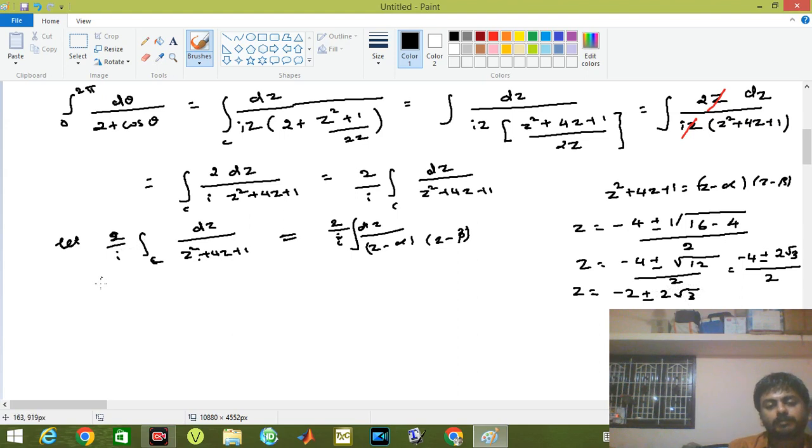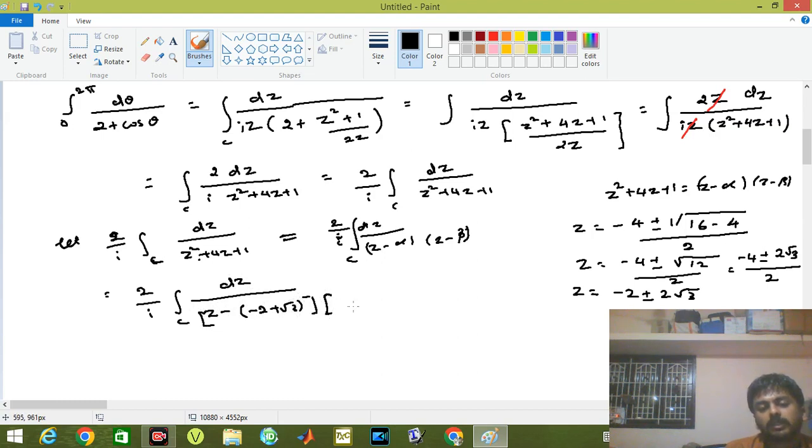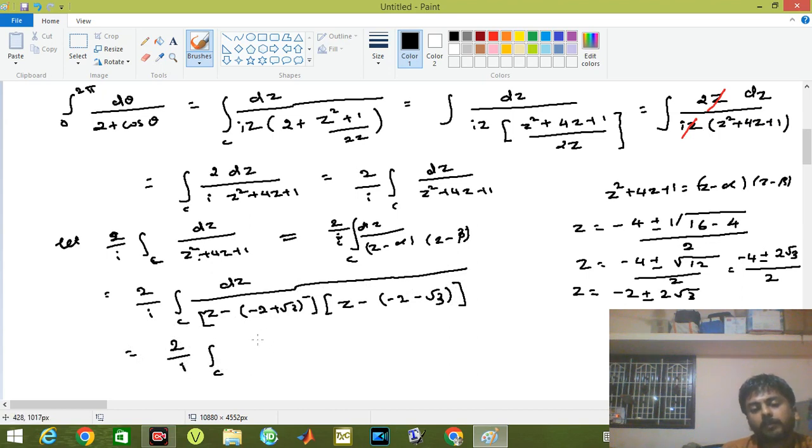So we will have 2 by i into integral over c dz divided by z minus alpha, which is minus 2 plus root 3, and the other term is z minus beta, which is minus 2 minus root 3, equal to 2 by i into integral over c, z minus alpha and z minus beta.